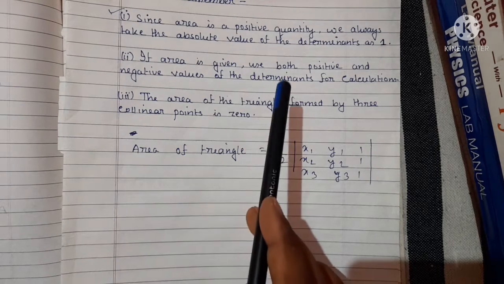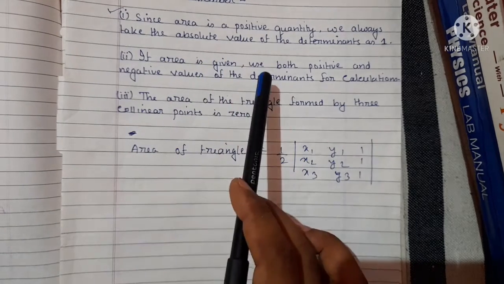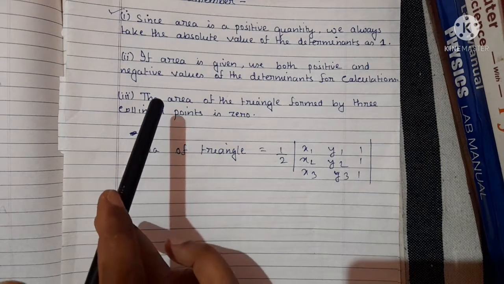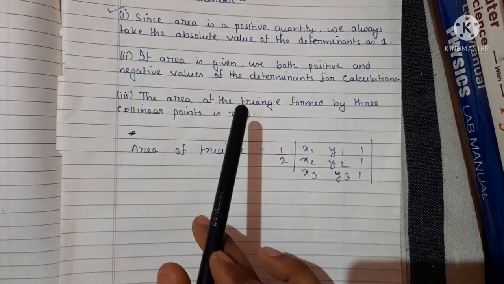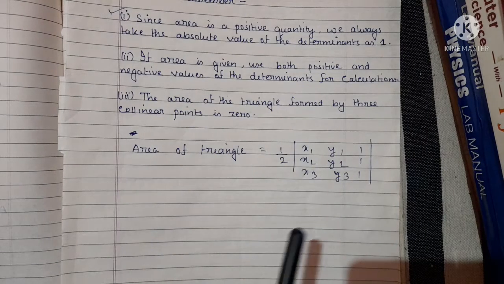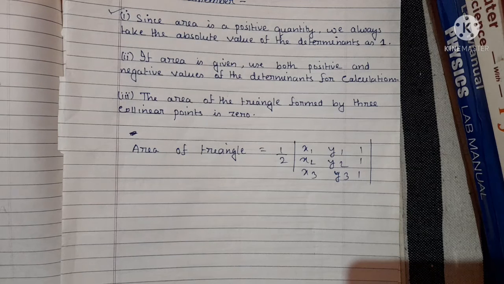Since area is a positive quantity, we always take the absolute value of the determinant. The second point you need to remember is that if the area is given, use both positive and negative values of the determinant for the calculations, right? Third point, the area of the triangle formed by 3 collinear points is always 0, always 0.